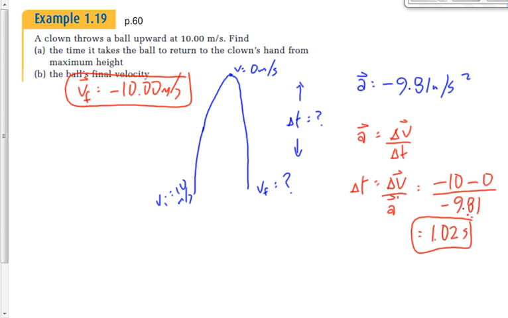Guys, that's not the only way to solve the problem. A couple guys came up with another way to solve the problem. Found delta D going upwards. Recognize that it's the same value as delta D going downwards. VF squared is equal to VI squared plus 2. That's fine. Okay, this way's a bit quicker, I think, but no better. Okay. Always options, right?